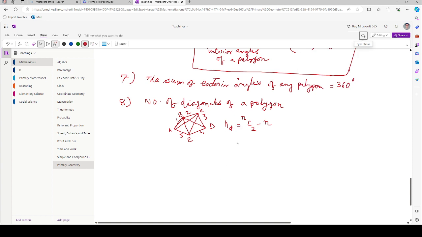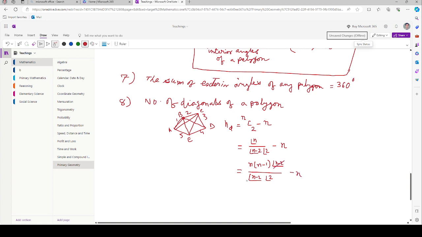If we simplify this equation, then we will get nC2, that is factorial n divided by factorial n minus 2 into factorial 2, minus n. Then factorial n equals n into n minus 1 into factorial n minus 2, divided by factorial n minus 2 into factorial 2, minus n.